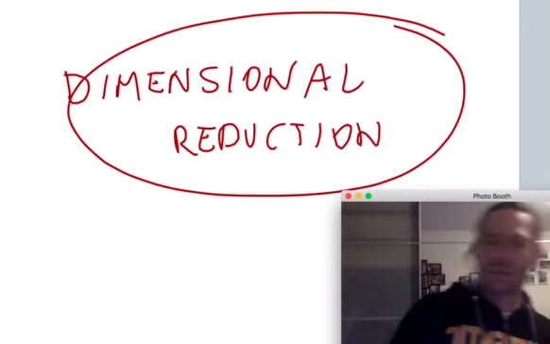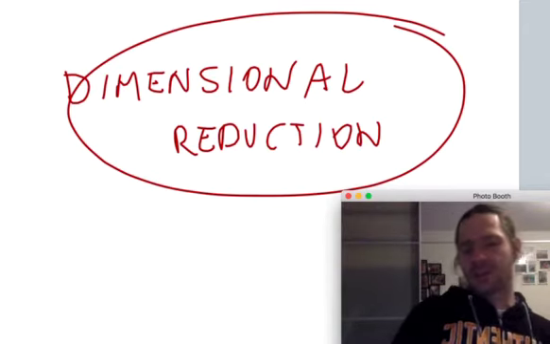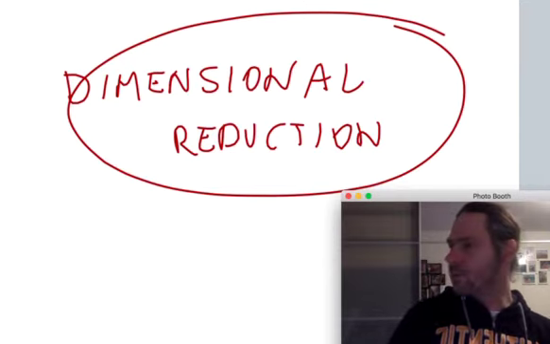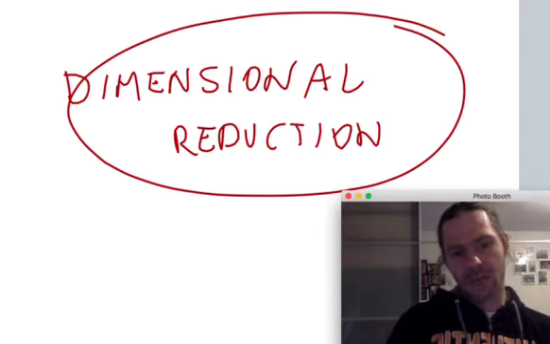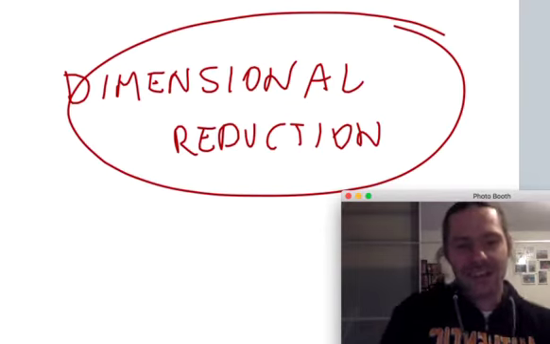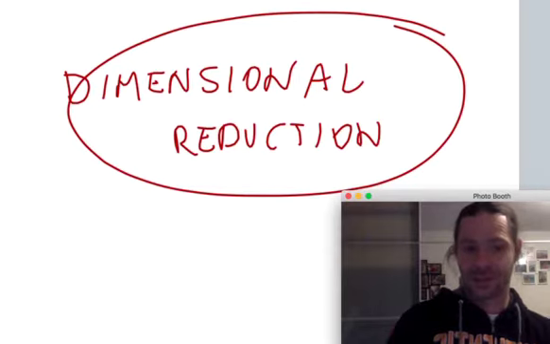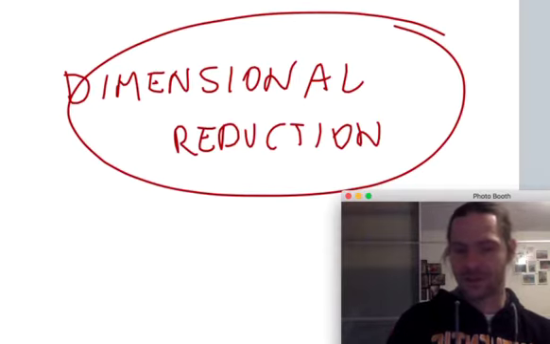What is dimensional reduction? Dimensional reduction is a mathematical procedure through which you get rid of unnecessary dimensions and only retain the relevant manifold in a large dimensional configuration space.